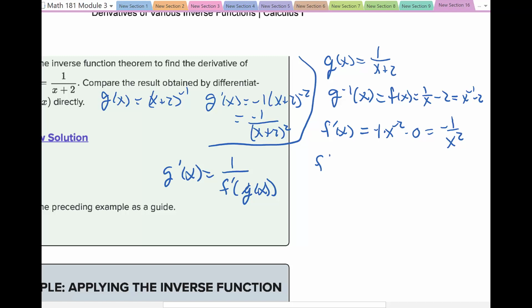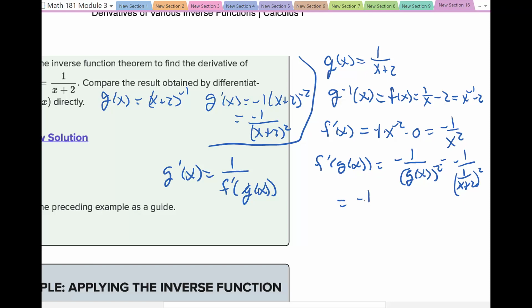So if we look for f prime of g of x, we're looking for negative 1 over g of x squared, which is going to be negative 1 over x plus 2 squared.